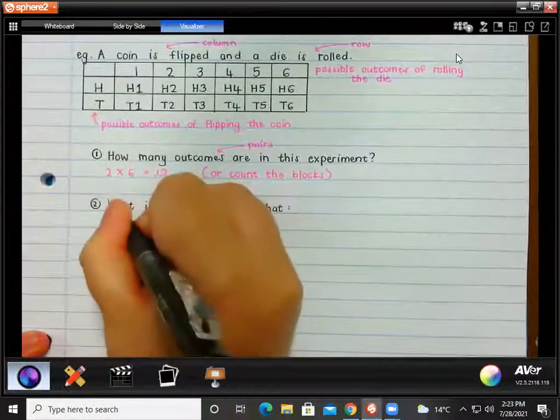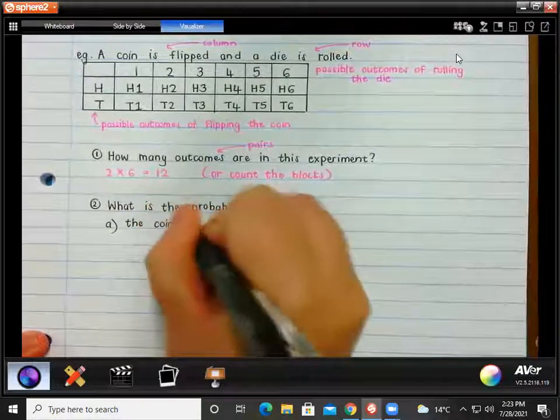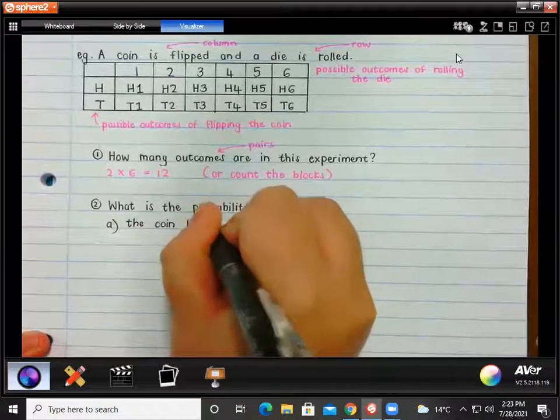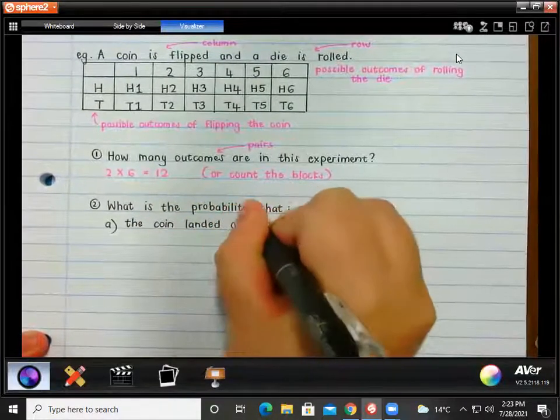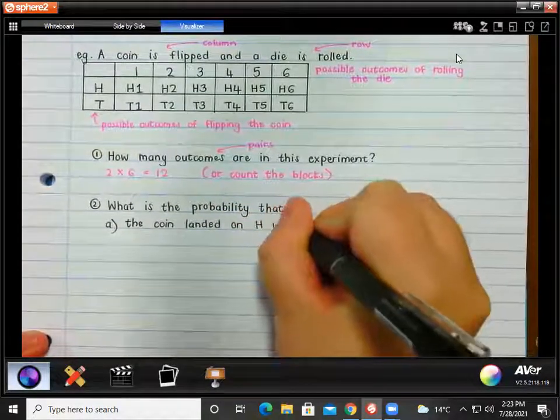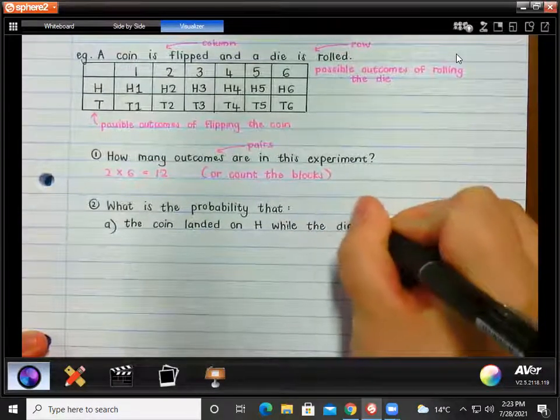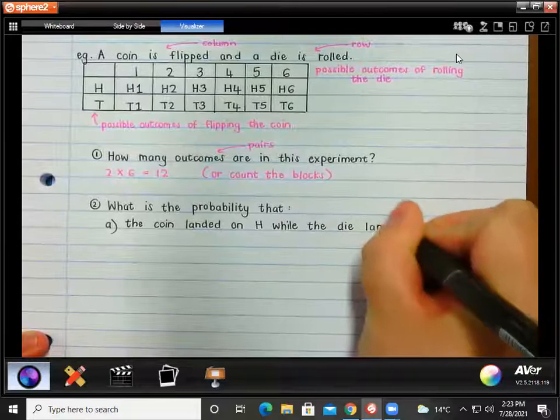So A, the coin landed on heads while the die landed on 5.